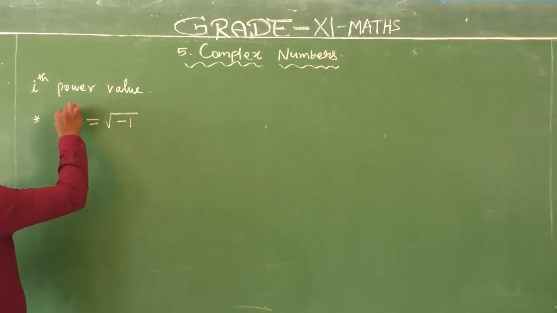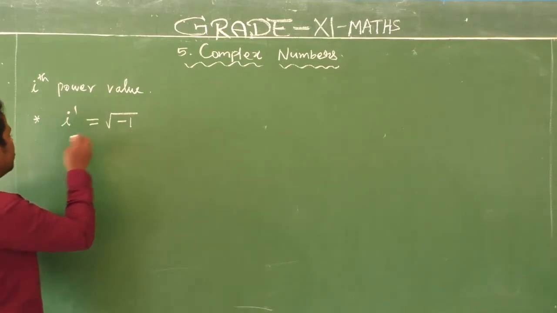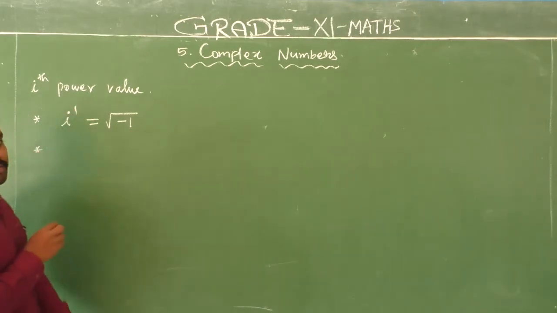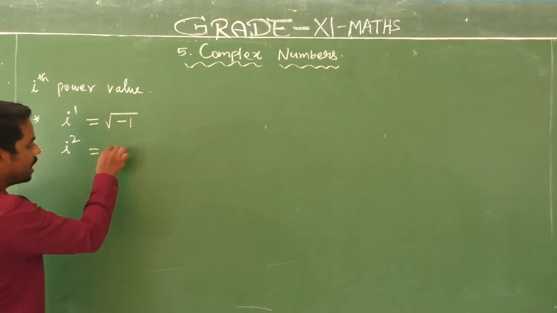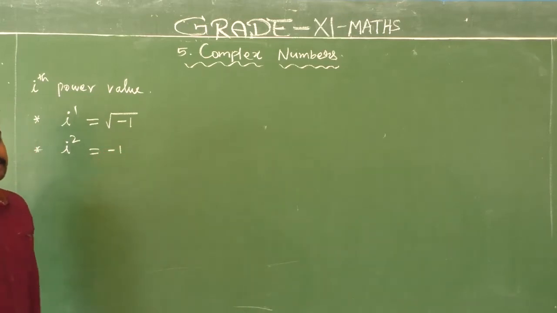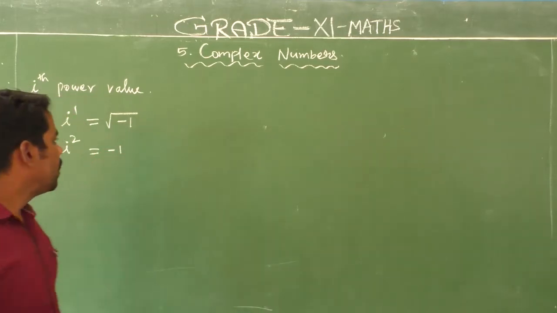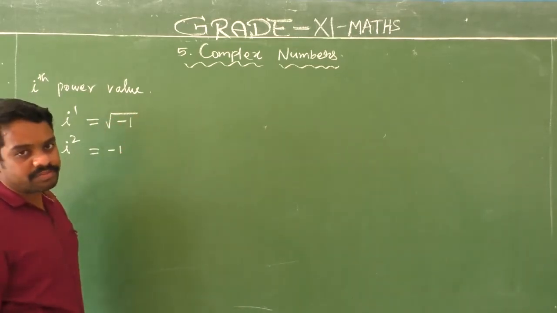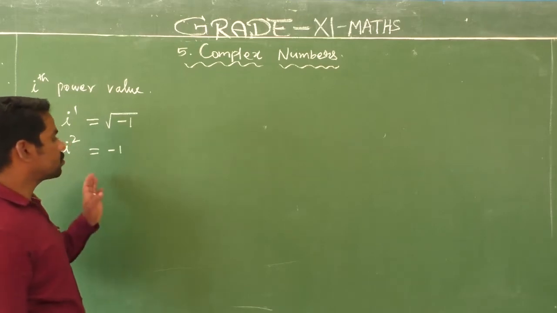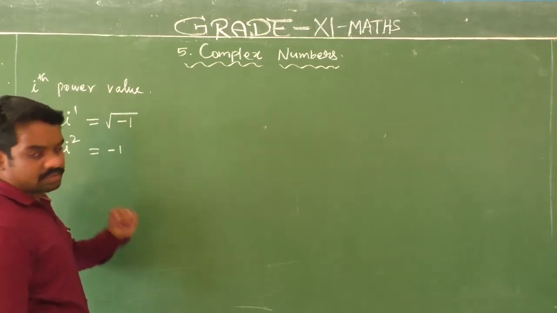So i is equal to root of minus 1. And i square is equal to minus 1. i square means root of minus 1 the whole square, which is equal to minus 1.